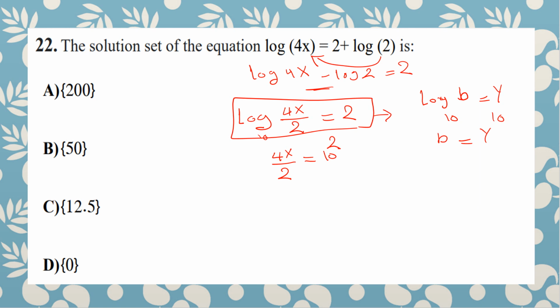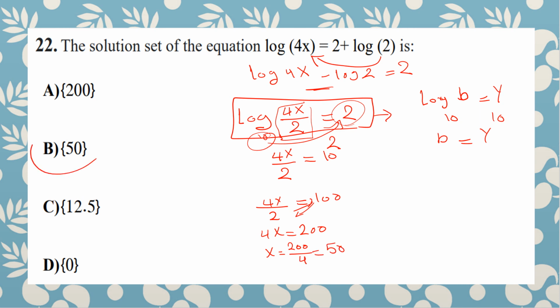So the base here is 10 as it's not written, and the constant here is 2, so we can write 4x over 2 equals 10, which is the base of the log, to the power 2, and this equals 100. By multiplying both sides we get 4x equals 200, so x equals 200 over 4, which equals 50. So the correct answer is B.